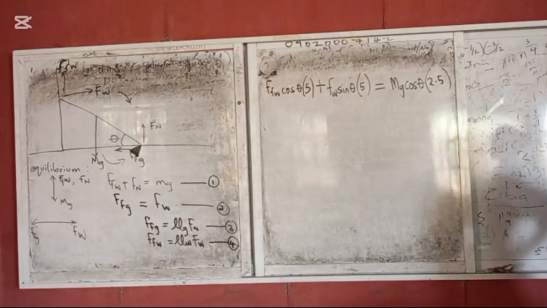Okay, so at this point, it's looking like something we know. So we have 2.5, we have 5.